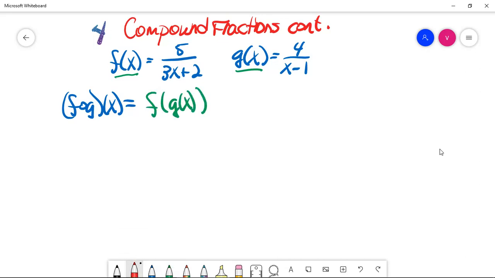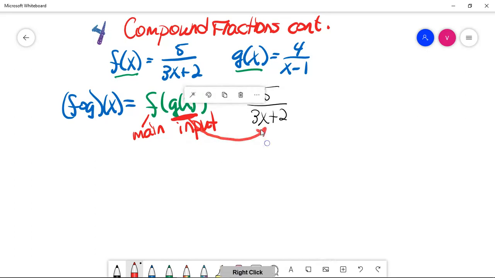So again, here is our input into f of x. We write f of x as our main function, and we're going to input g of x into it. So let's rewrite f of x: 5 over 3x plus 2. And then here we're going to input g into that x right there.